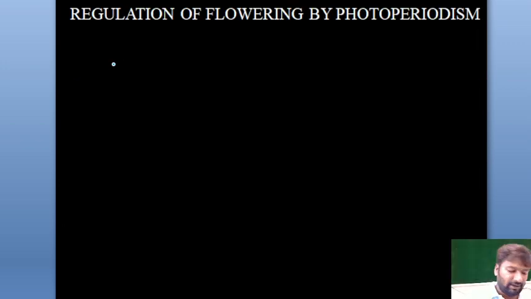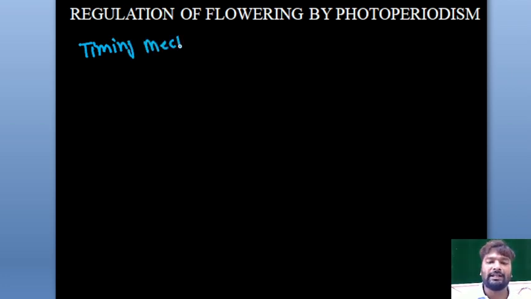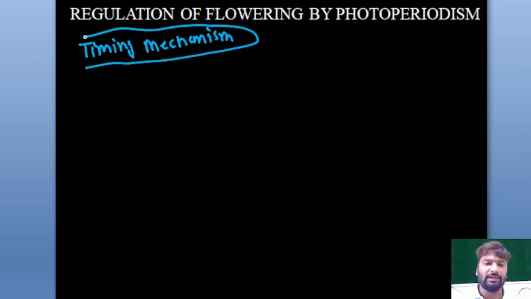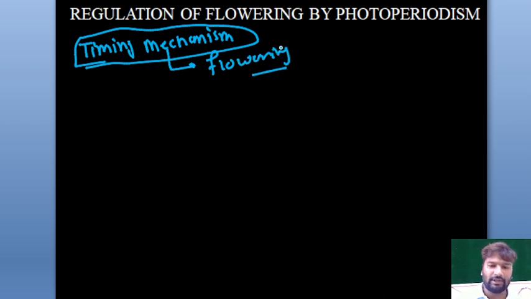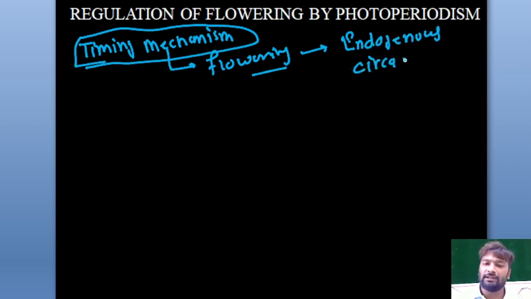Now come to the mechanism of regulation of flowering by photoperiodism. In this also, the timing mechanism of flowering is based on the endogenous circadian rhythm.